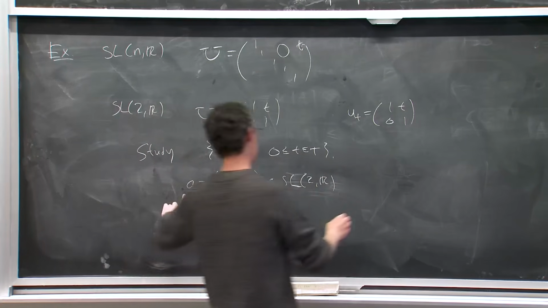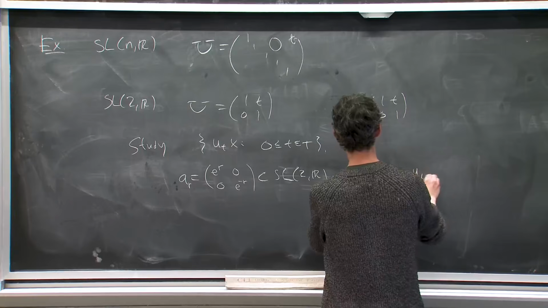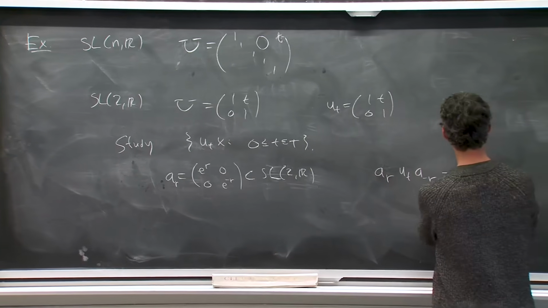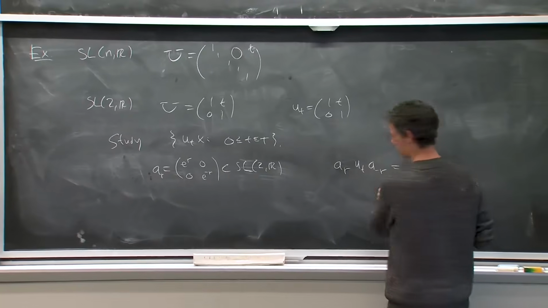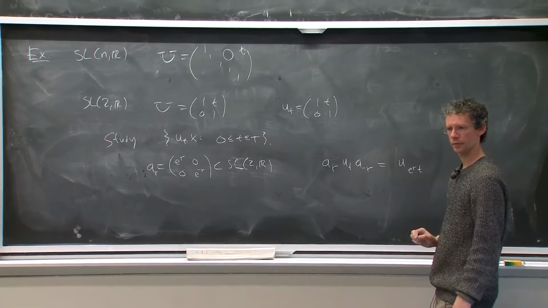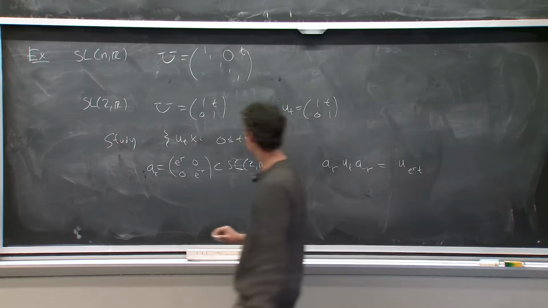And the nifty thing about this is that a_r u_t a_-r is u_{e^r t}.